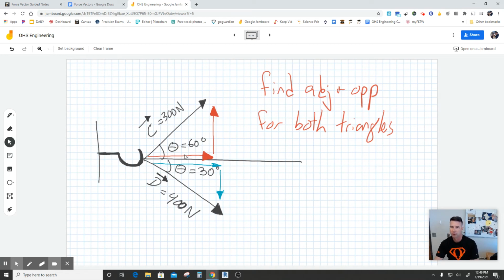So you use sine and cosine on this triangle to find the adjacent and opposite, and then use sine and cosine on this triangle, the 30 and the 400, to find the adjacent and opposite. Go ahead and do that and come back, and I'm going to show you the work in the next slide, but make sure you guys are getting confident at doing this on your own.